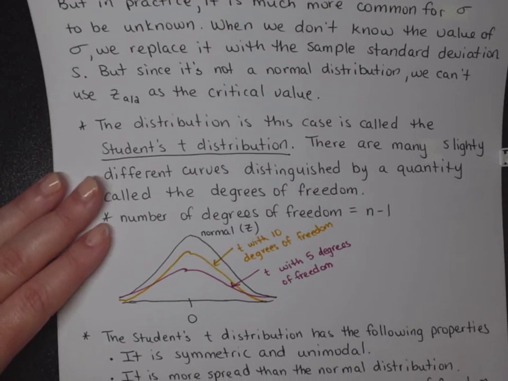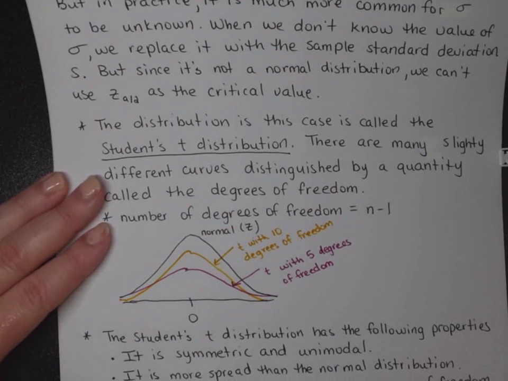If we make our n large enough, the student T distribution becomes very, very similar to the normal distribution.